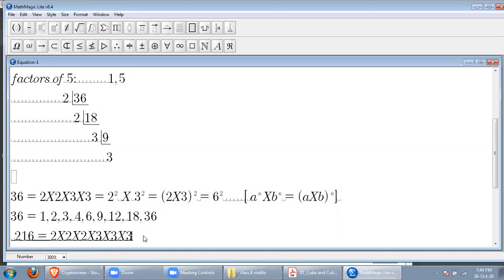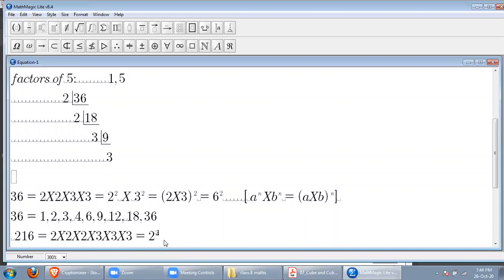So this is how you can do it by keeping the next dividend, the next quotient in your brain. So 216 is nothing but 2 into 2 into 2 into 3 into 3 into 3. You have to make triplets rather than pairs. In a perfect square, you try to make pairs, but in a perfect cube you will try to make triplets of prime numbers.